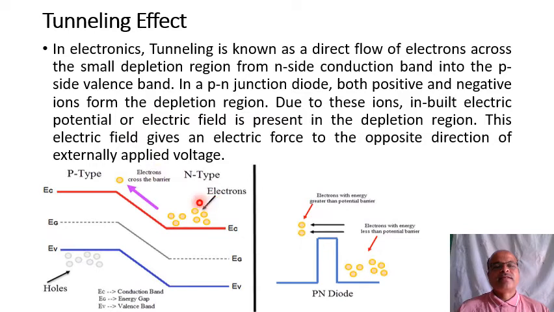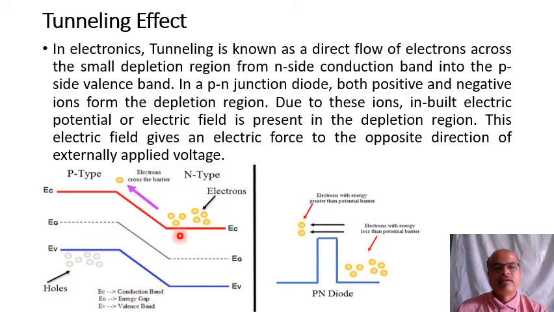In the p-n junction diode, both positive and negative ions form the depletion region. Due to these ions, an inbuilt electric field is present in the depletion region. This electric field gives an electric force in the direction opposite to the externally applied voltage.